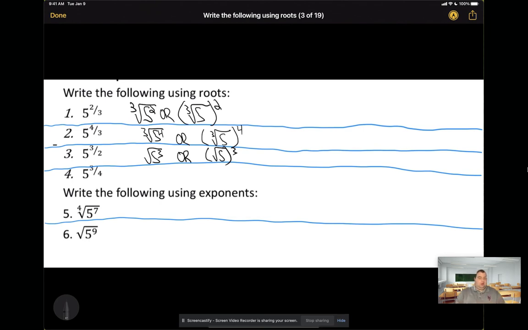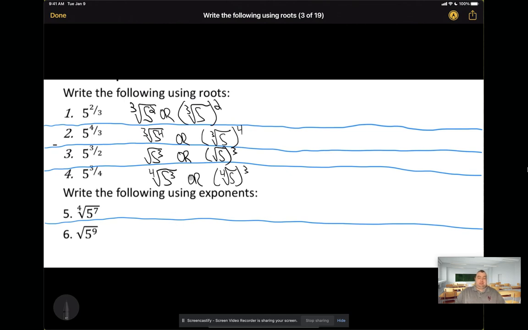Number 4, now we have 5 to the power of 3/4. Again, we'll set it up like this. The denominator of 4 tells me it's going to be a fourth root. So a fourth root of 5, and then the exponent is going to be cubed again. So it's going to be the fourth root of 5 cubed, or the fourth root of 5 cubed.